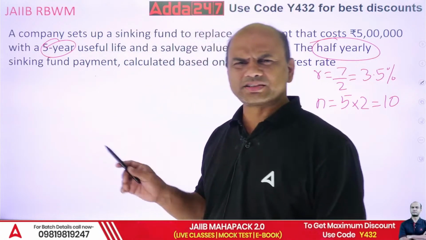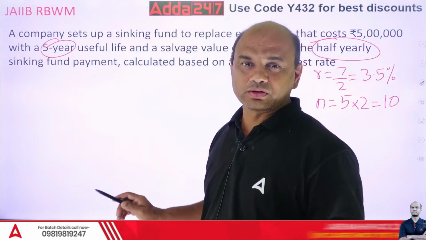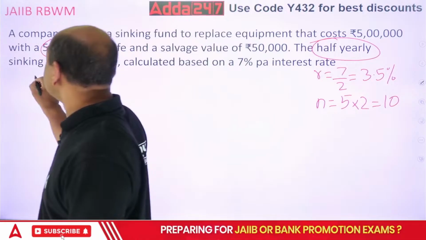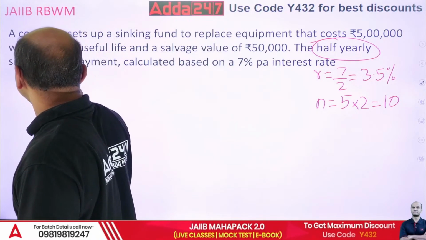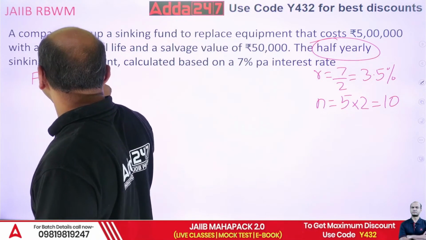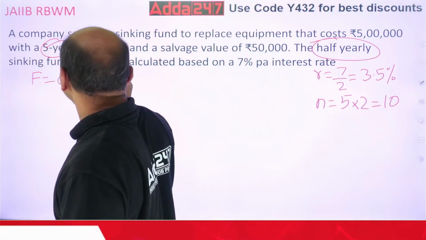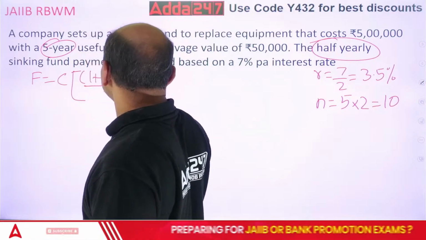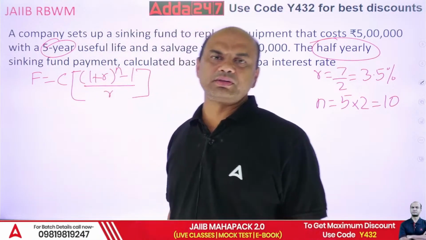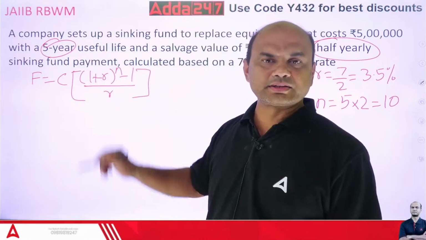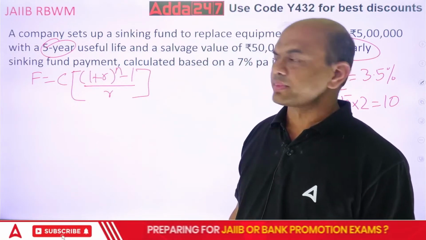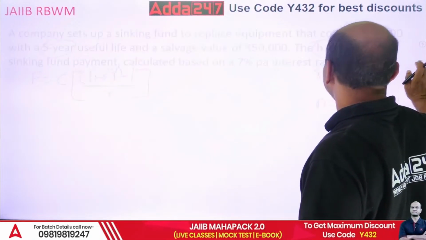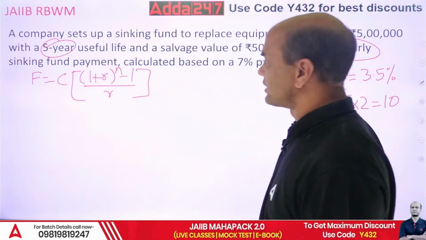So now the formula is same. Formula is not changing at all. F equals to C into 1 plus R raised to N minus 1 upon R. Now put the figures and get the answer. I'll divide this into 2 parts. Every time you have to check for the next page.